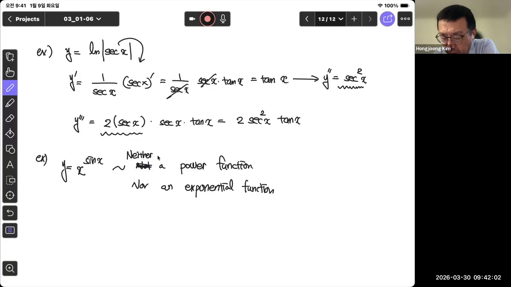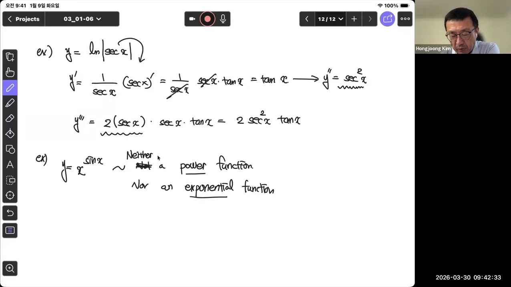Please remember that in case of a power function, you have a variable in the base, but the exponent is fixed. The exponent is some number, 2, 3, something like this. In case of the exponential function, the base is constant, like e, 2 or 100, while the exponent is a variable, right?